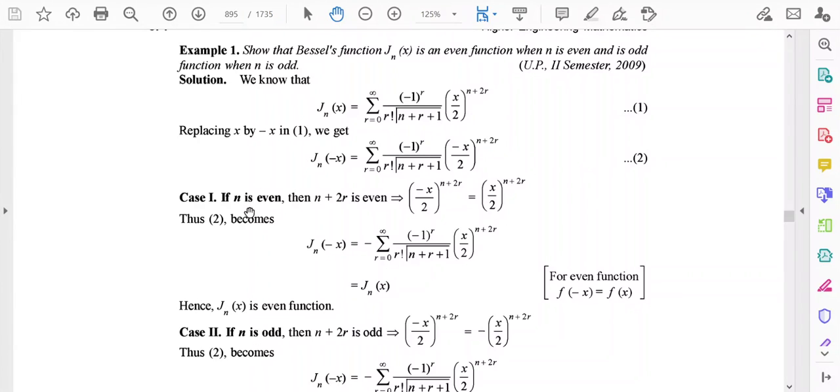Now we will discuss two cases, that is when n is even and when n is odd. In the first case, if n is even, then n + 2r is even, because 2r is an even number and n is also even. So (-x/2)^(n + 2r) will definitely be (x/2)^(n + 2r). Why? Because n + 2r is even.